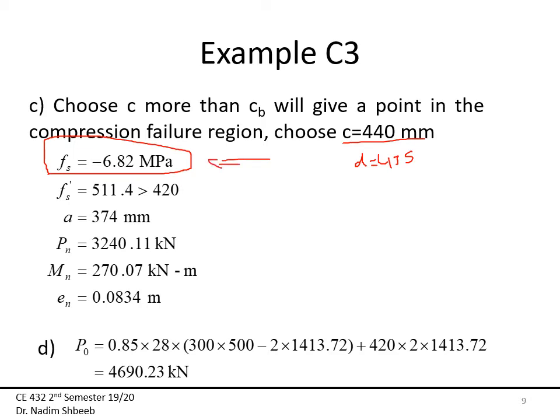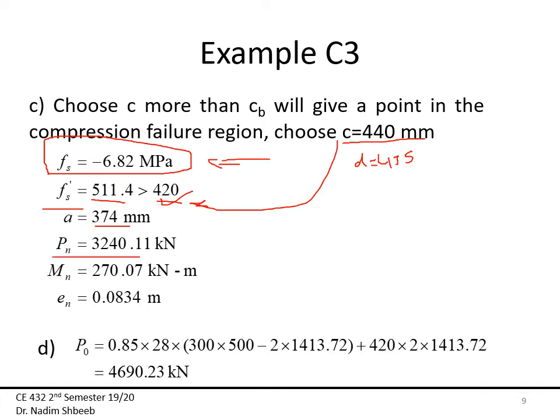Hence, I'm getting the value of minus 6.82. Obviously, the compressive steel has yielded way more than it's supposed to. But again, we never use a value more than the yield of steel. So in the equations, don't use 511. Actually, use 420.